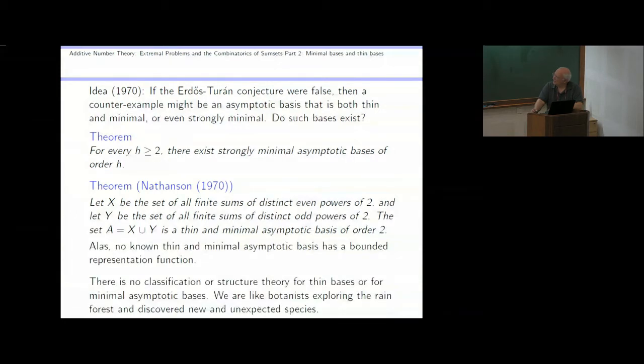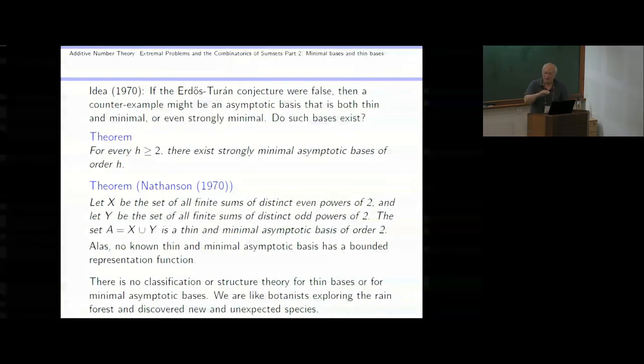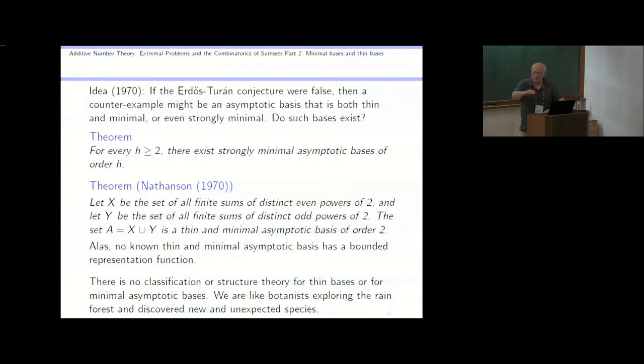But unfortunately, this set and every other constructed example of a thin minimal asymptotic basis fails to have a bounded representation function. I mean, if you look at the representation function, it tends to be pretty small, pretty small, pretty small, and then it peaks, jumps, and then small, small, small, and then, damn it, up again. No one knows why.